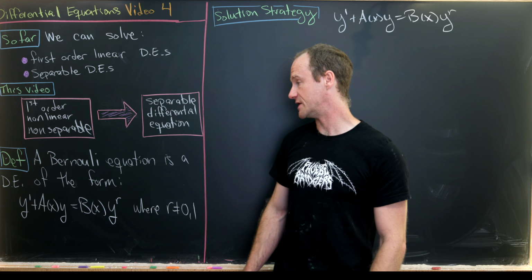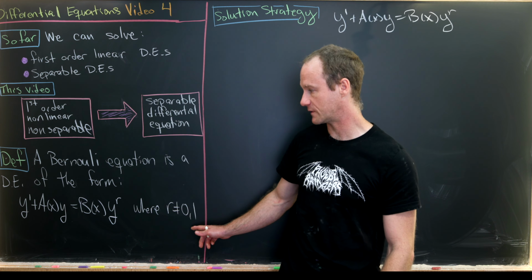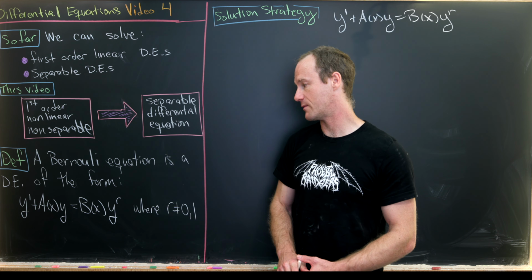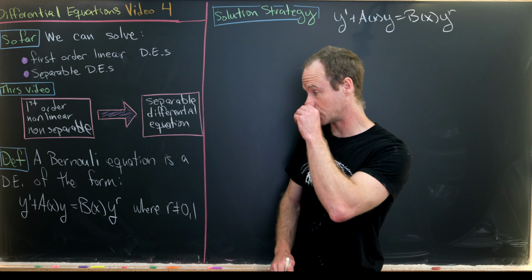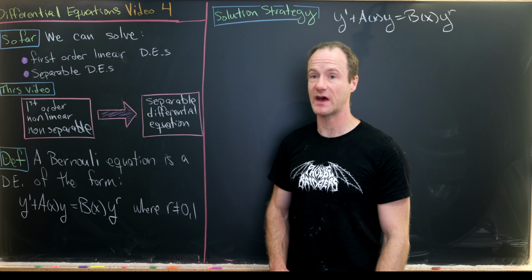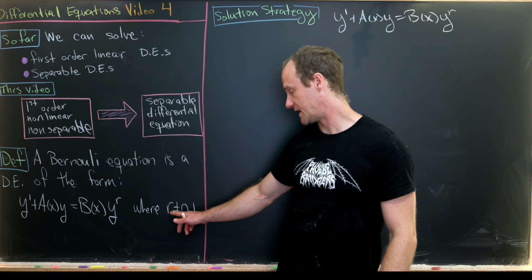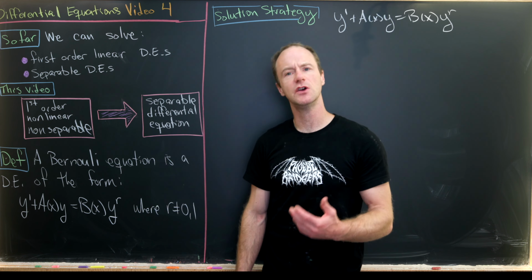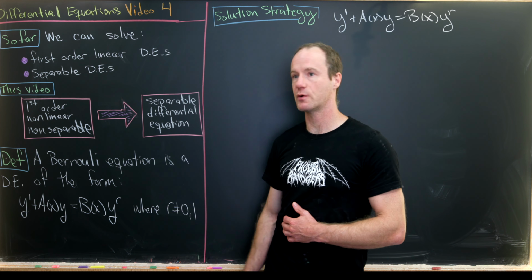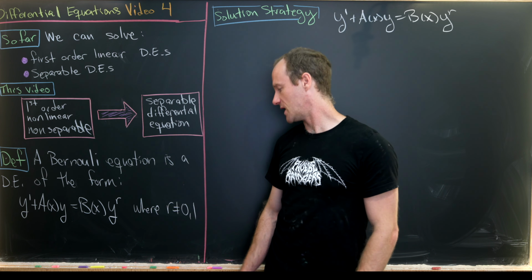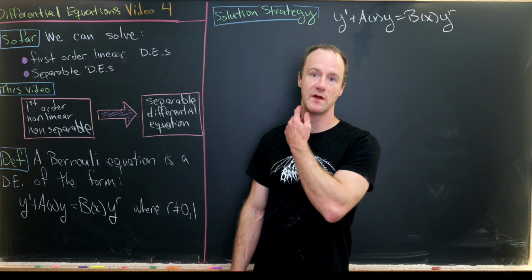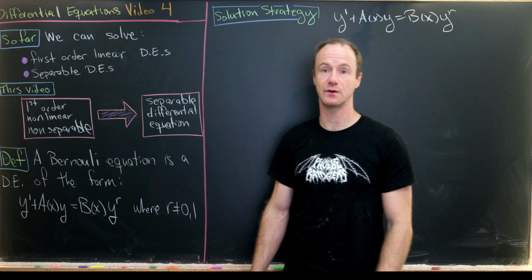A Bernoulli equation is a differential equation of the following form. We have y prime plus a of x times y equals b of x times y to the r, where r is not 0 and it's also not 1. You might say, well, why do we exclude 0 and 1? That's because if r was equal to 0 or 1, this would be a linear differential equation.